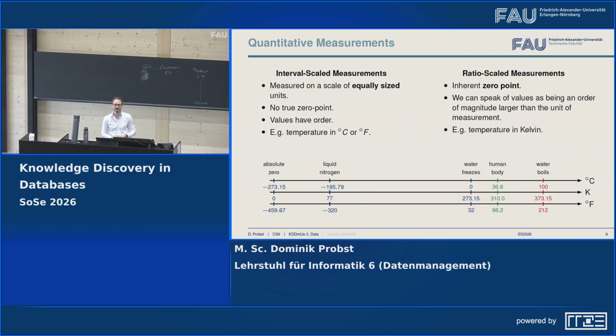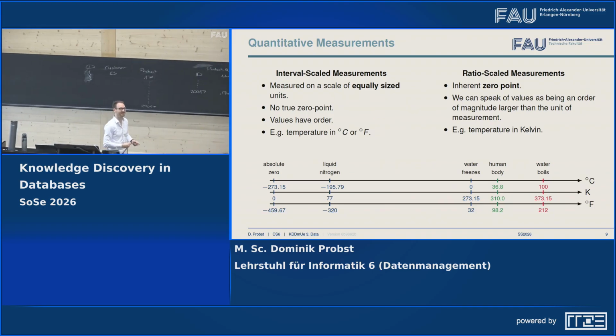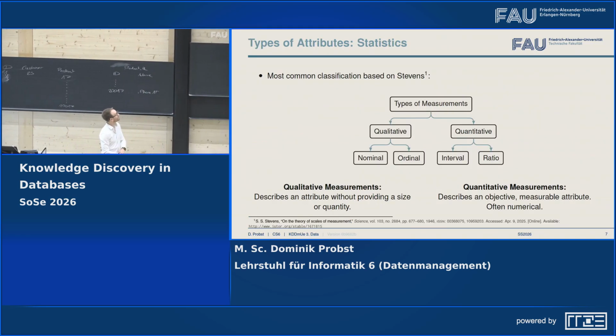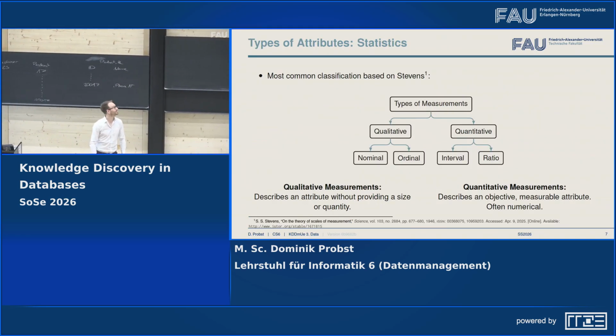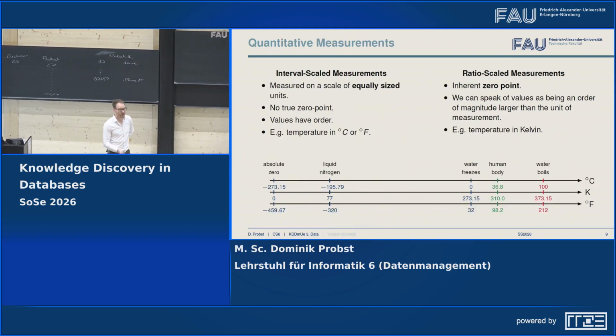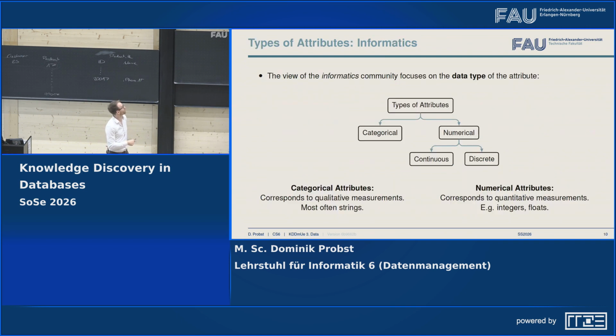Other questions? Yeah. What about currencies? If you compare them visually, there can be infinite possibilities? So are we talking about ratio scaled versus interval scaled, or more about continuous and discrete?